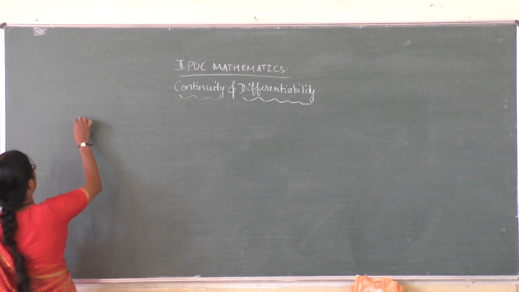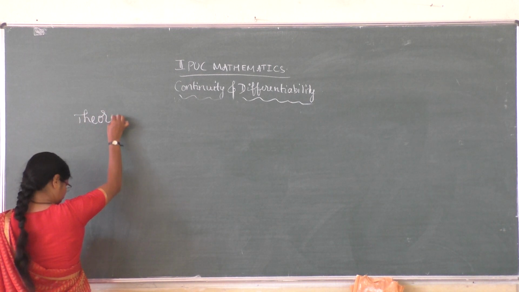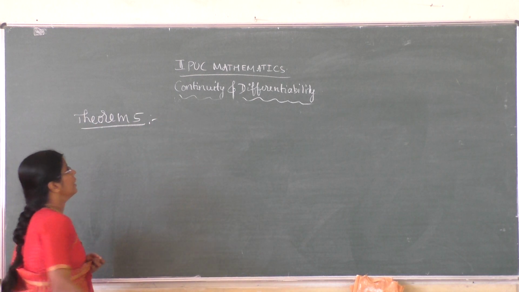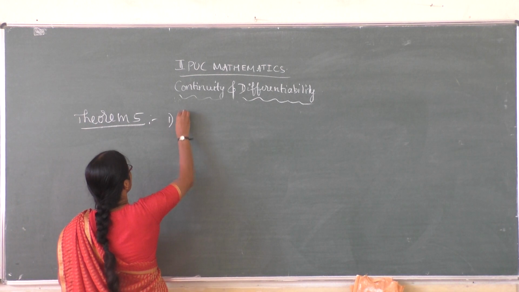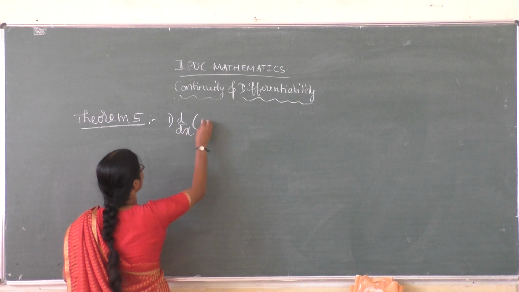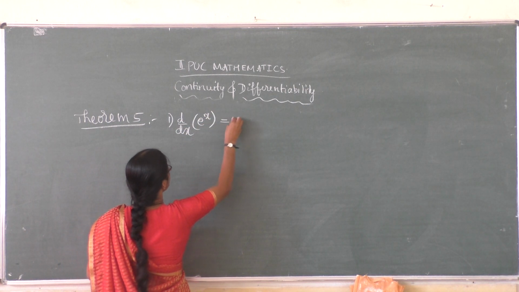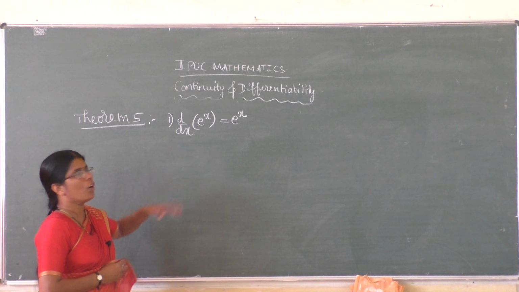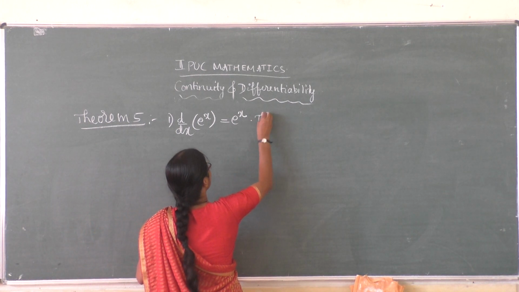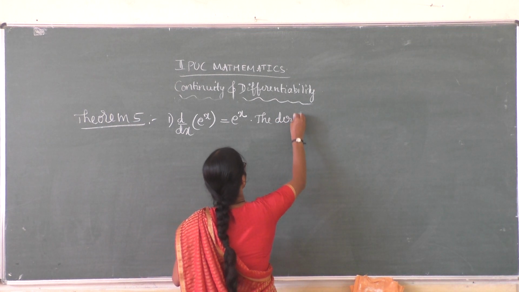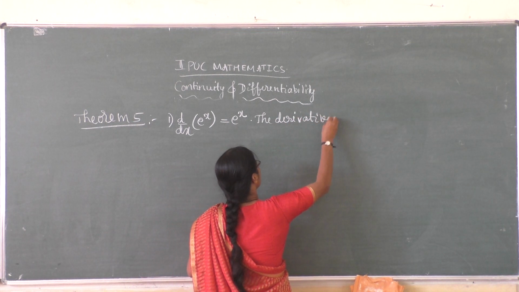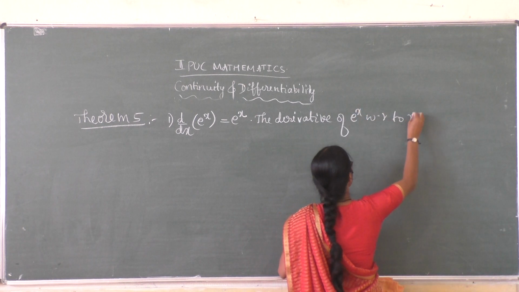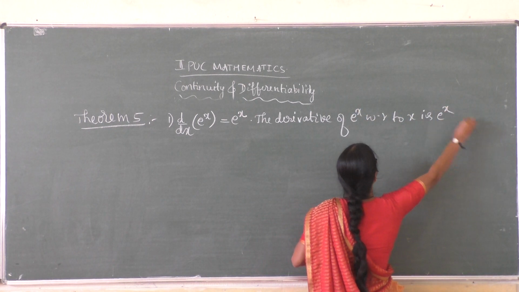Theorem 5. d by dx of e to the power x is equal to e to the power x. The derivative of e to the power x with respect to x is e to the power x.